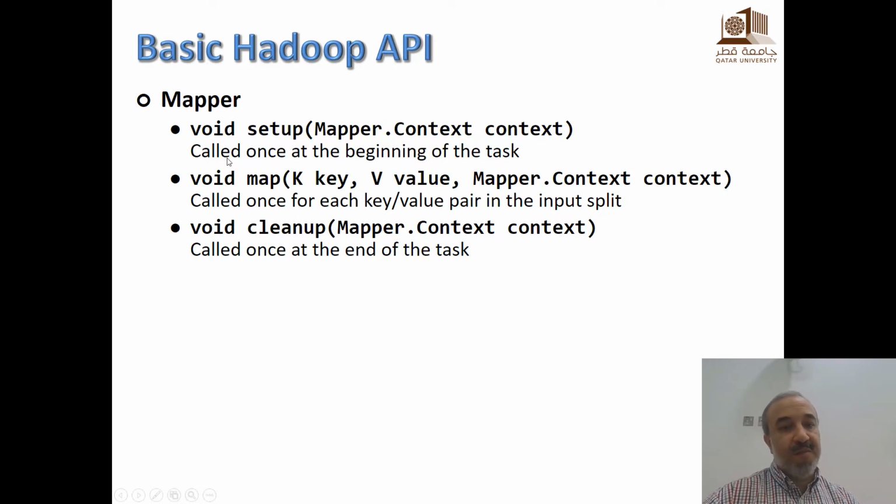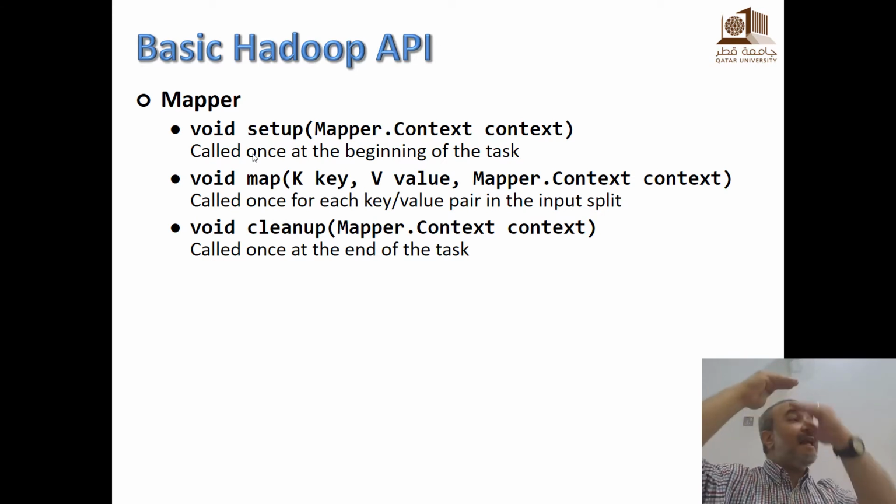Okay? Now there are two other supporting functions. The first one is called setup, and it will be called only at the beginning of the task. Remember, in the Hadoop terminology, the mapper is called a map task. Okay, so the task is processing an entire input split, a list of records. So at the beginning, before you process any record in the input split, the setup function will be called. It's up to the programmer to do whatever he wants, some initialization, before going through all the records of the split.